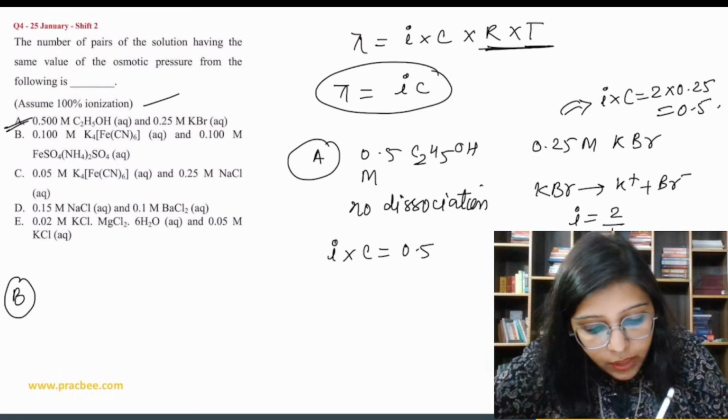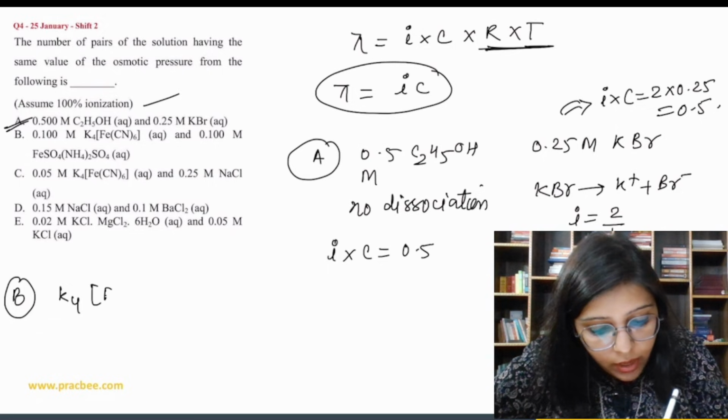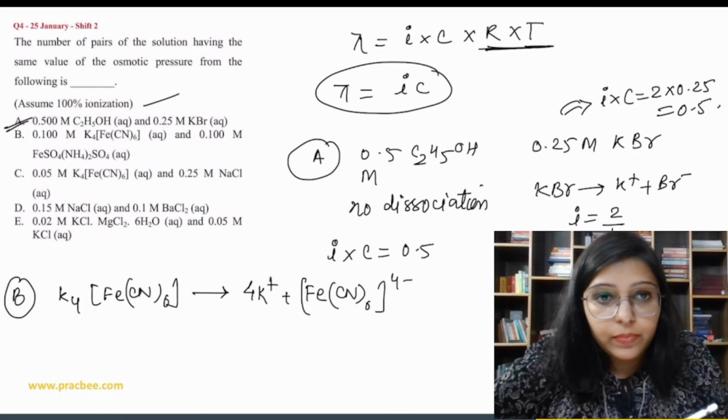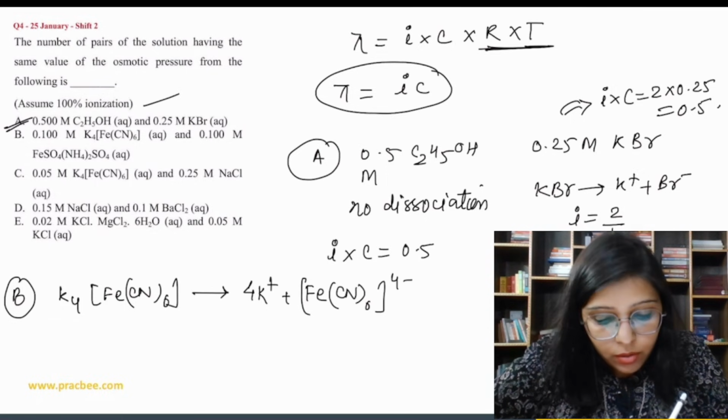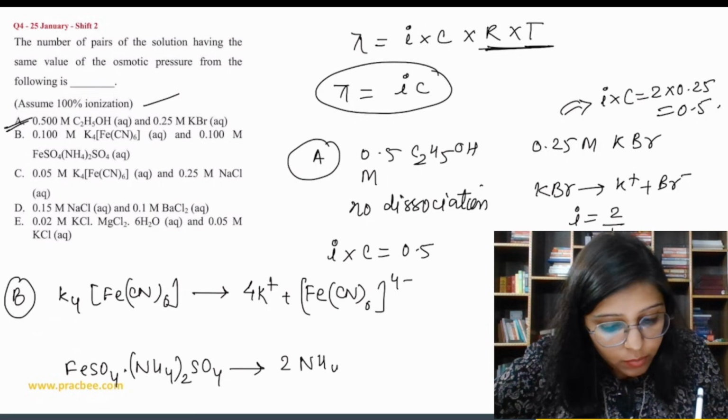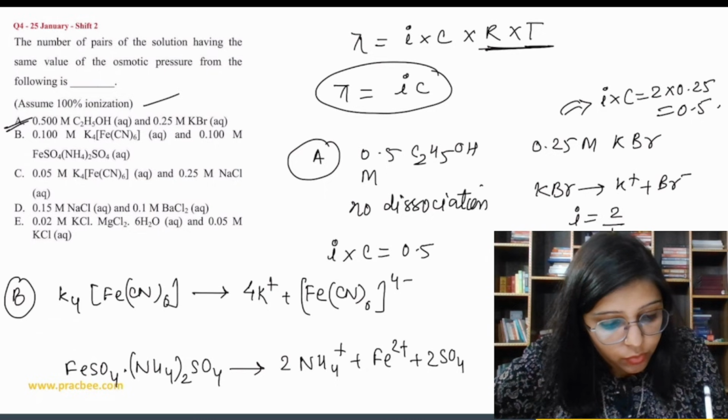Now let's check B. K4Fe(CN)6 dissociates into 4 K plus and Fe(CN)6 4 minus. Then FeSO4(NH4)2SO4 dissociates into 2 ammonium, 1 Fe2 plus and 2 SO4 2 minus.